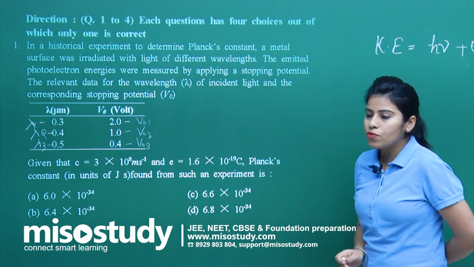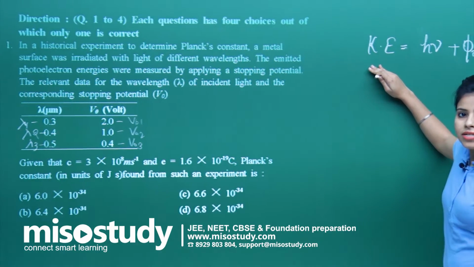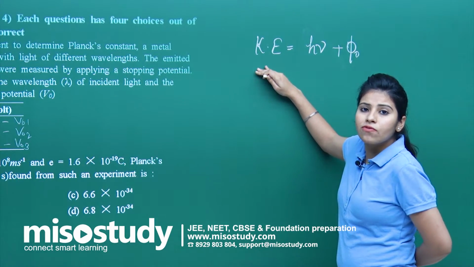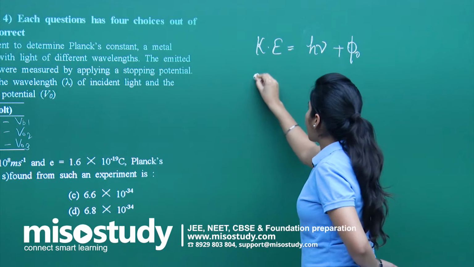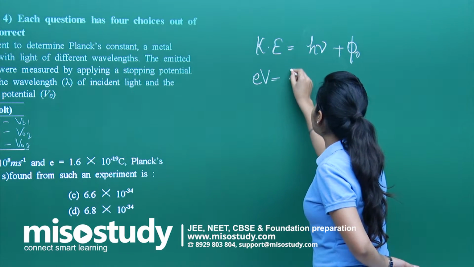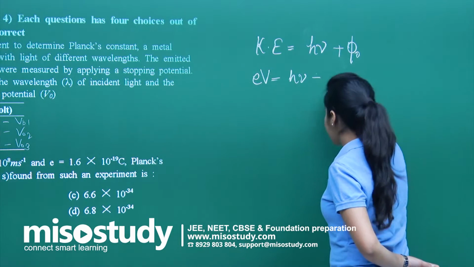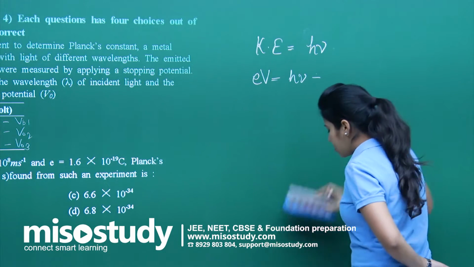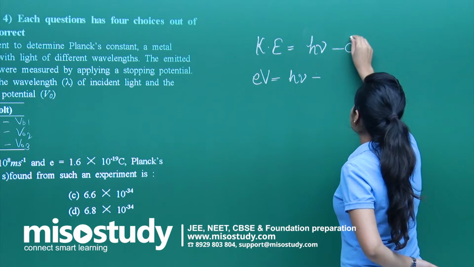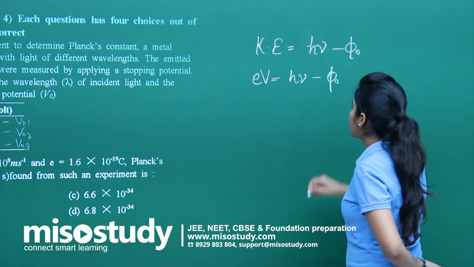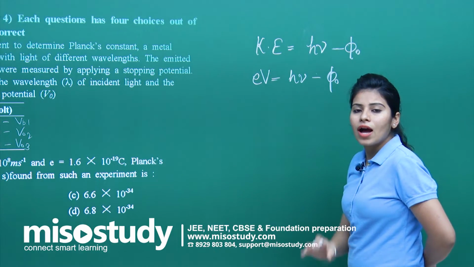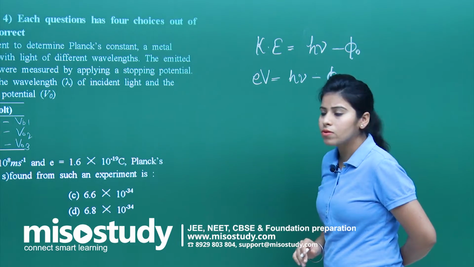Now you know that the kinetic energy can be written in the form of eV. So I will write eV equals h nu minus phi naught; it is minus here, not plus. So this is your Einstein's photoelectric equation.